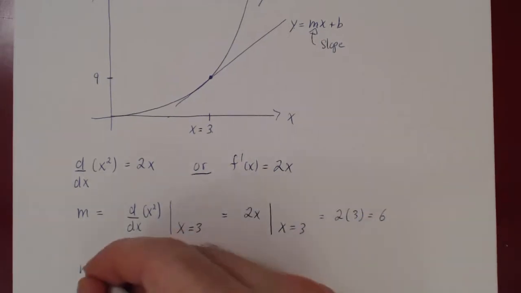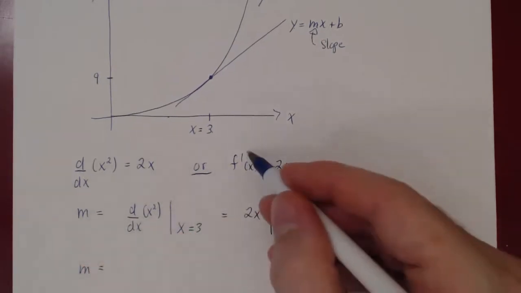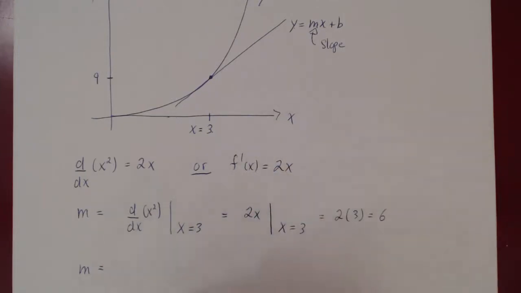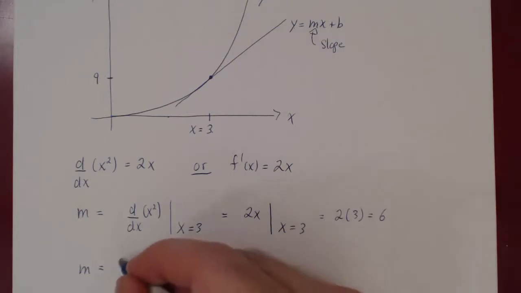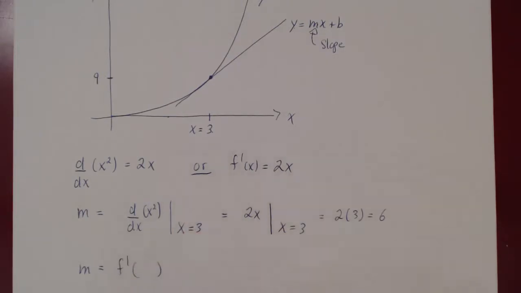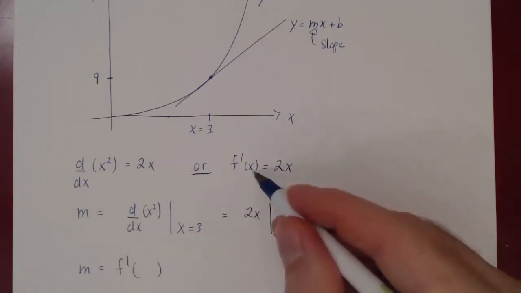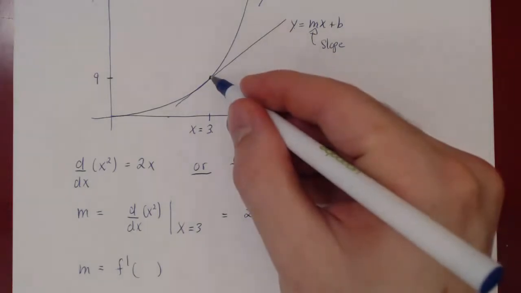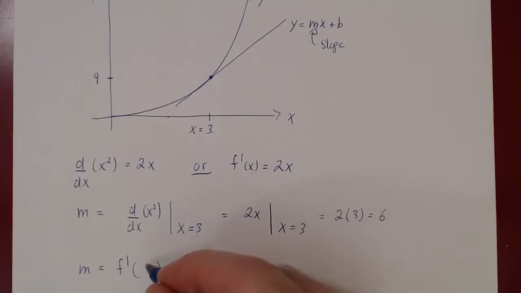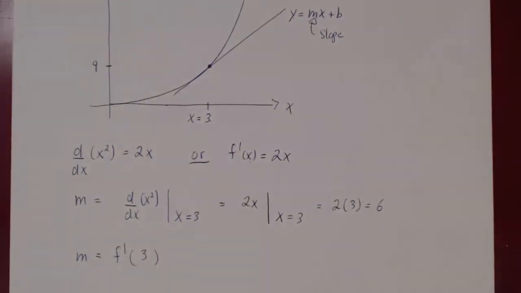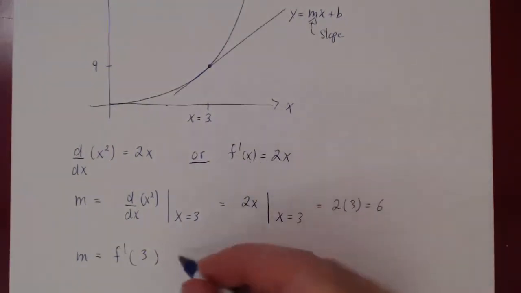Now that's one way of writing the derivative at a given x value. You could have also written m equals, using the f prime notation, right? The slope of the tangent line is the derivative, so f prime. At which point? Well, we want specifically the derivative, the slope at x equals 3. So you can write f prime of 3. Well, f prime of x is 2x.